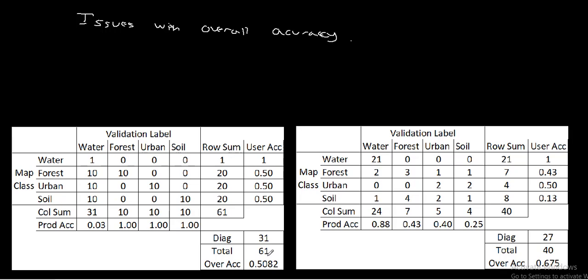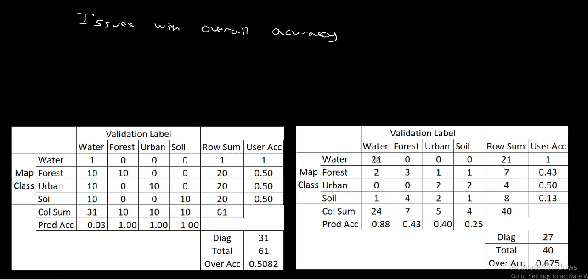So let's look at the opposite. In this case, we had one class with a lot of observations pull down the model. Now let's look over here, where we have the other three classes with 7, 5, and 4 observations respectively. Terrible producer's accuracy, terrible user's accuracy. But in this case, water has a lot of observations, almost 3 times the number of observations as the other three classes.